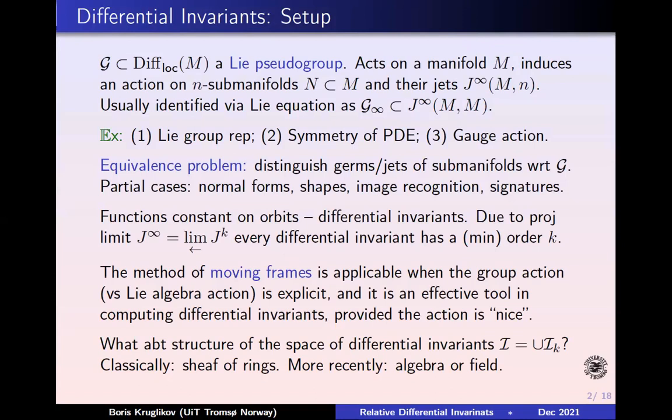There is a method of moving frames, which is just elimination of parameters, and it's applicable in cases when the group action is explicit and actually free. That is a seldom case, but it's quite effective. If the group action is not given, but the algebra is given instead, then it's more complicated to operate, but there are some other methods. Some of them Avin may have talked about in the seminars.